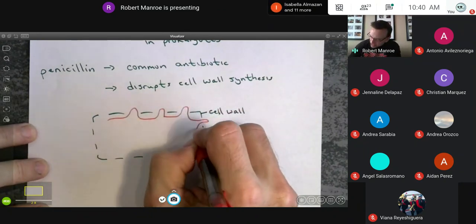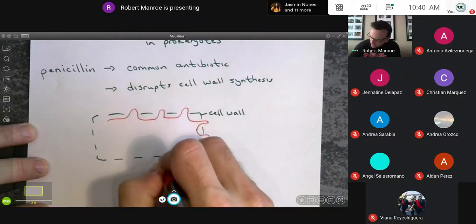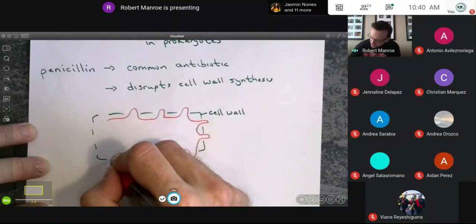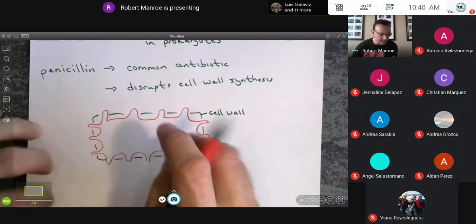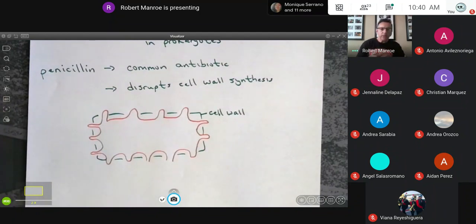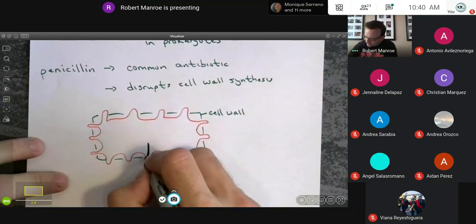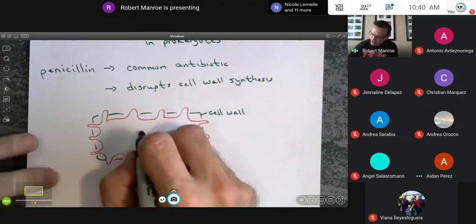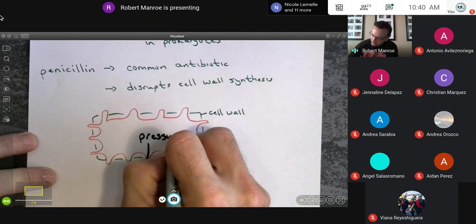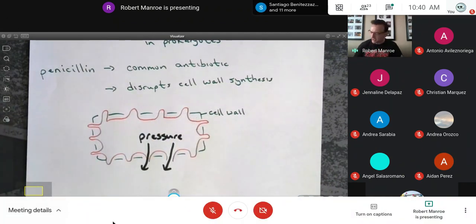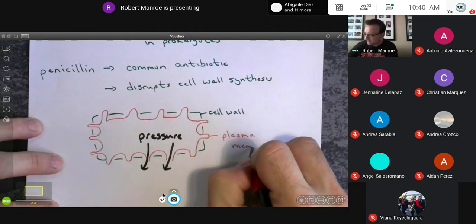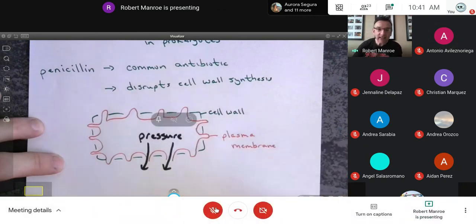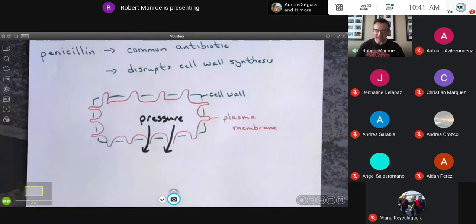So the plasma membrane herniates out or is driven out of the cell wall like such, and the pressure gets so high, what do you think happens to the plasma membrane? It ruptures. And then the cytoplasm flows out, and what happens to the cell? Cell dies. Yes, it does. I agree. Okay, so this is how penicillin works.